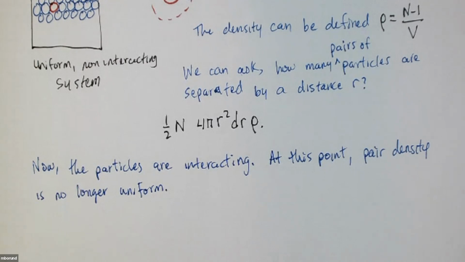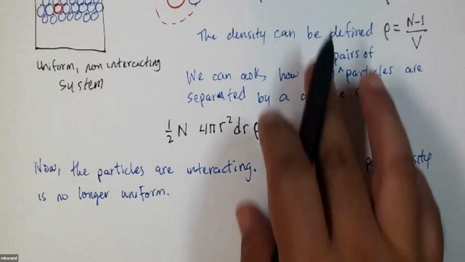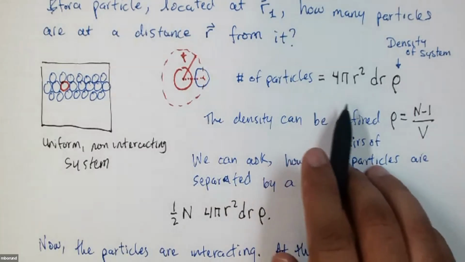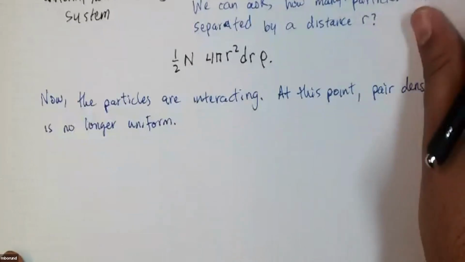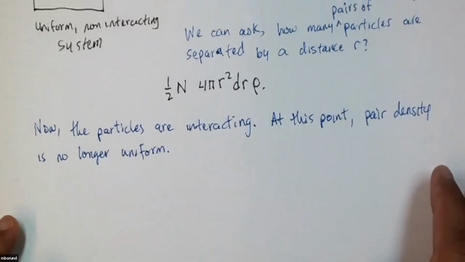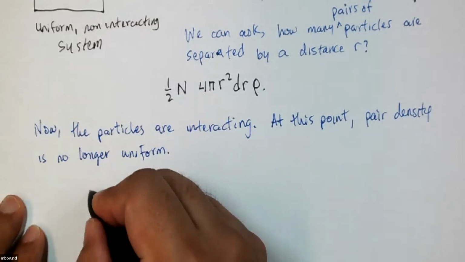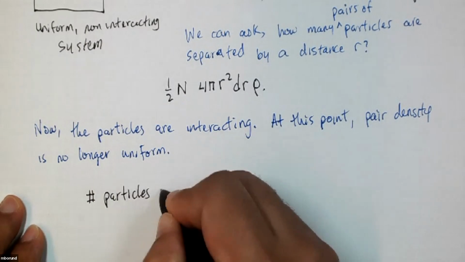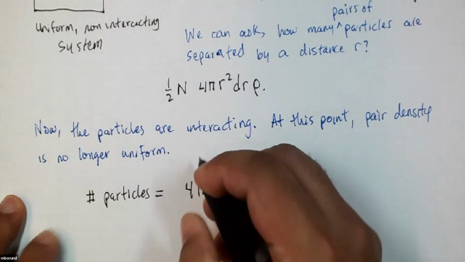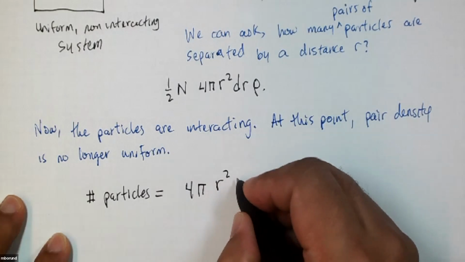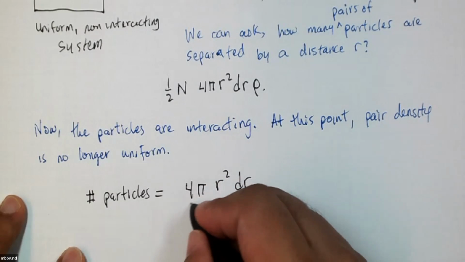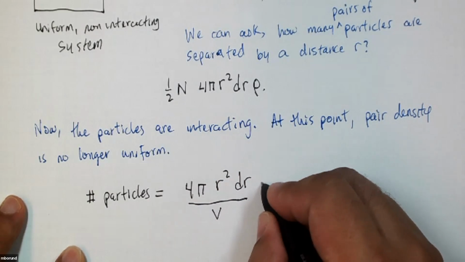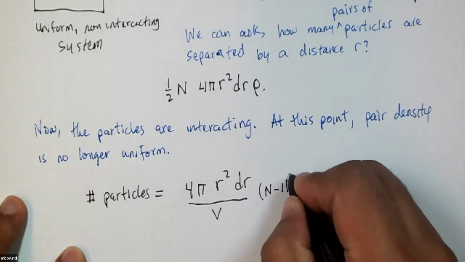All right, so let's do the math for the interacting case, and it's going to be similar to this portion right here, to this portion right here. So we're going to take the number of particles that is equal to the 4 pi r squared dr divided by the volume, n minus 1.